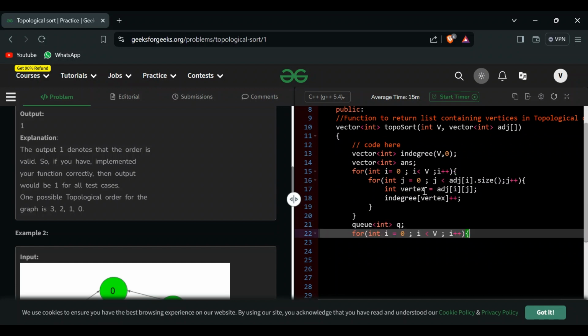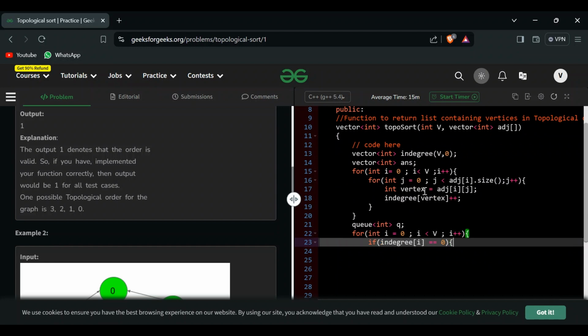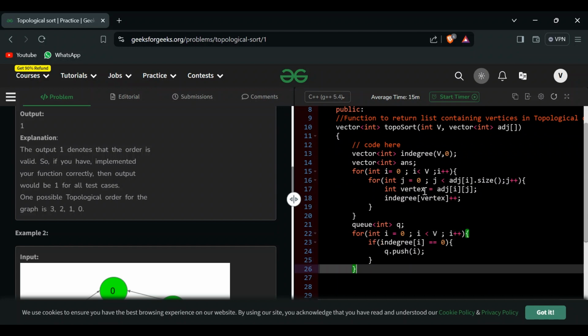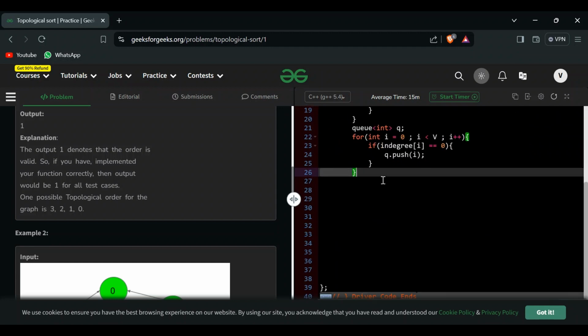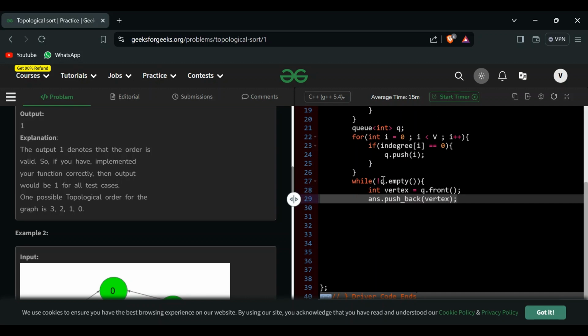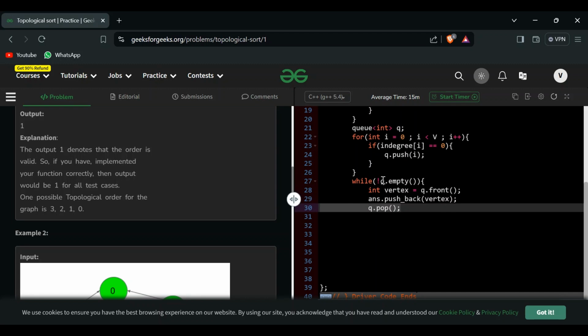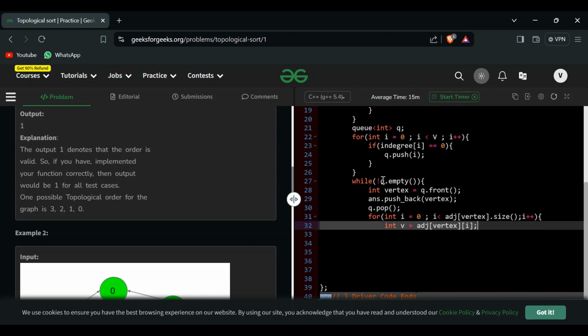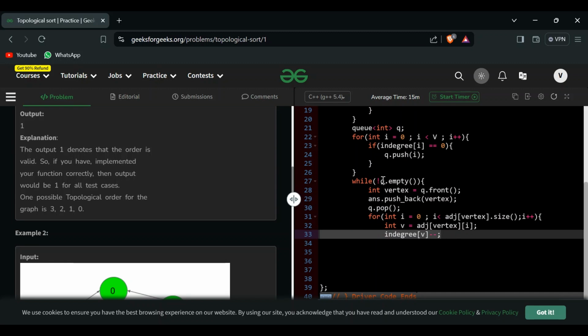Then we have the queue, and we push into it the vertices which have 0 in degree, so which have no dependency. Now we loop. We remove the vertices one by one from the queue, and push them into the answer, which is the topological sort order. We also remove that dependency.